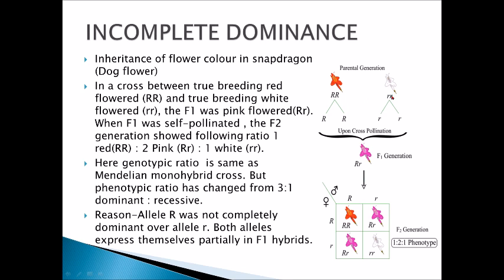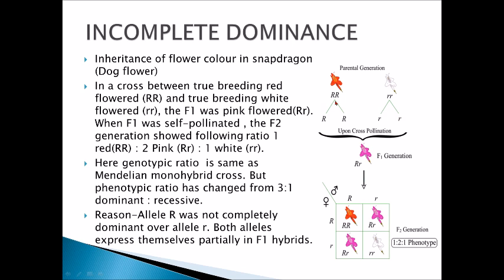So this is called incomplete dominance. The difference between complete dominance and incomplete dominance is that here in the F1 generation, we see a blending of the characteristics, and the F1 generation organisms are not exactly similar to the homozygous dominant one.